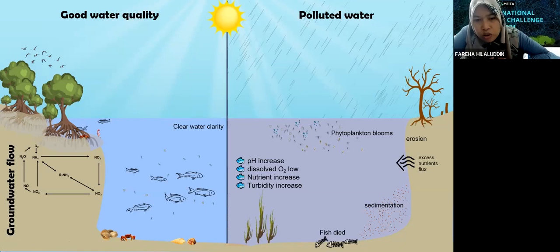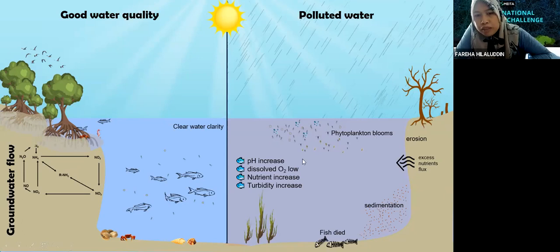Nutrients from humans, and the increase of turbidity will reduce the release of oxygen and also pH will increase. So what happened?